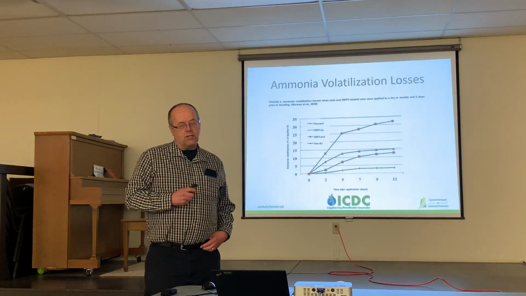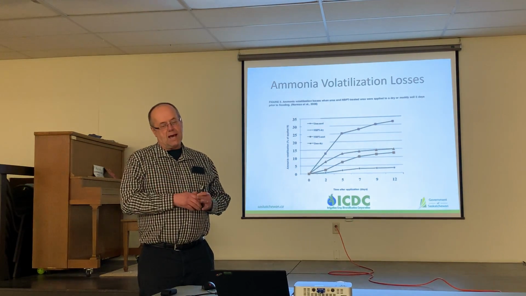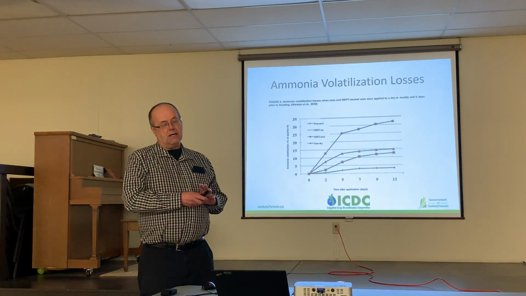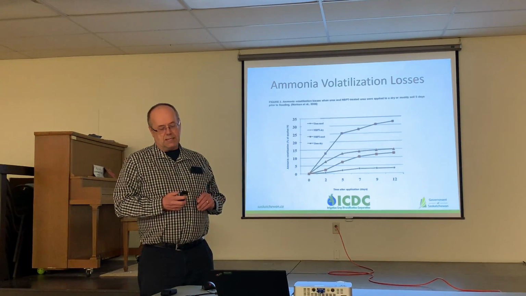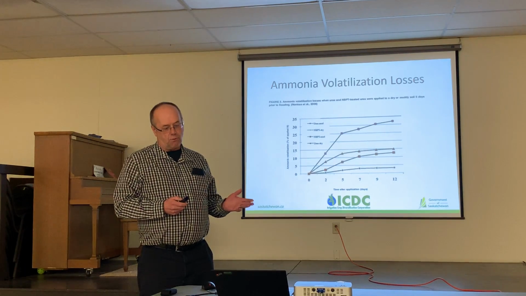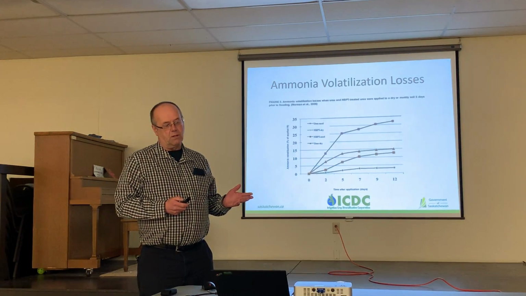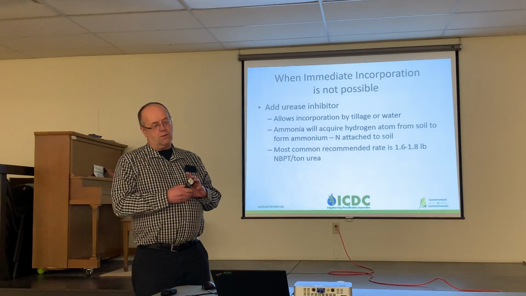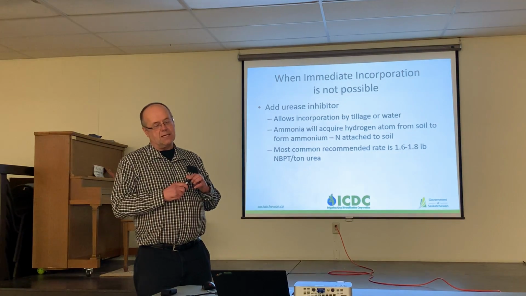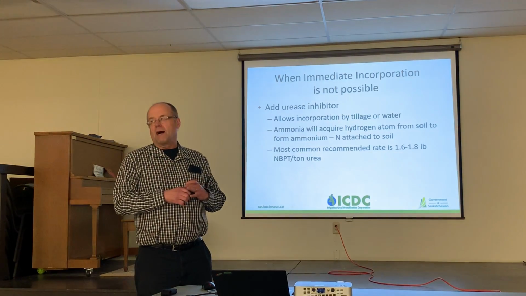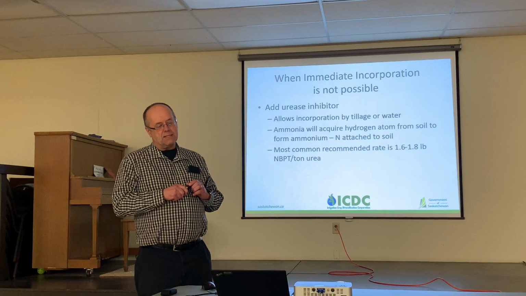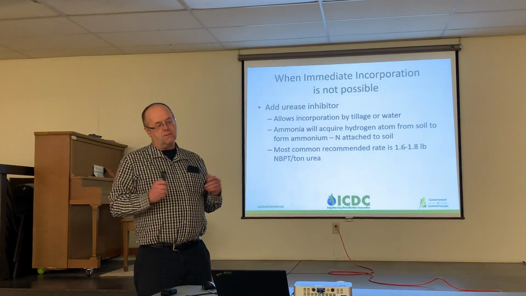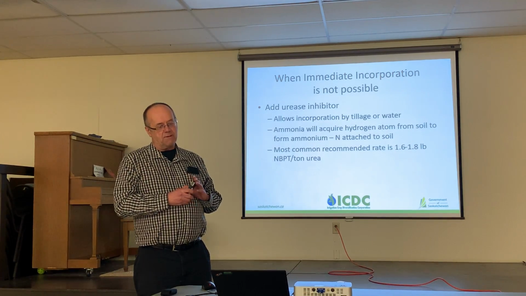And this chart shows how if you add these additives to the fertilizer, it will reduce the risk of loss of ammonia. So when would you use these urease inhibitors? When you are unable to immediately incorporate the urea into the ground. If you leave it on the surface, that's when these things can provide benefit.